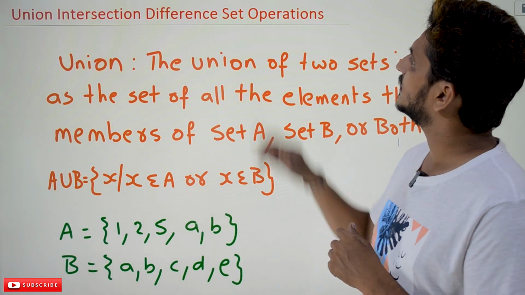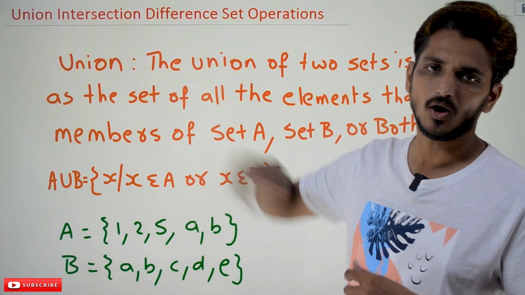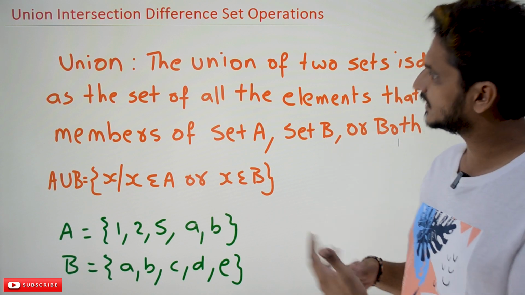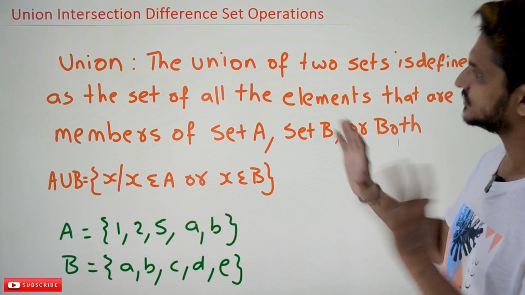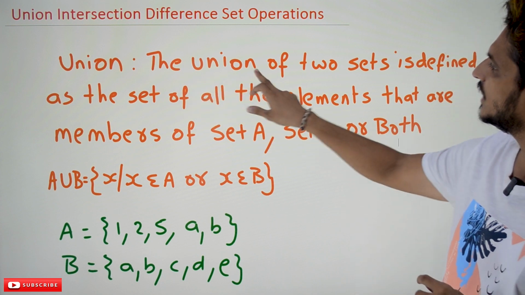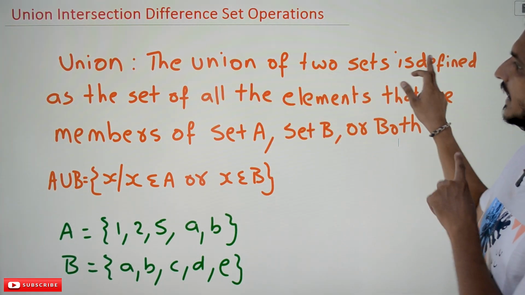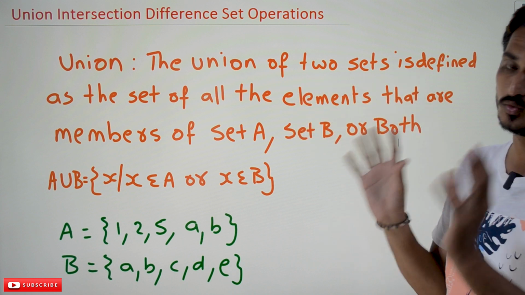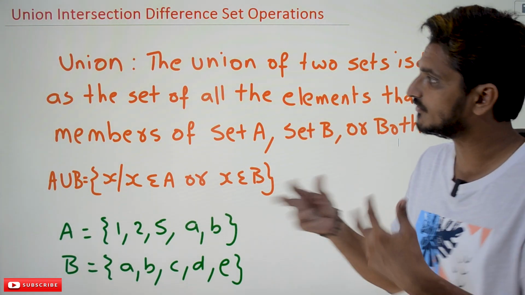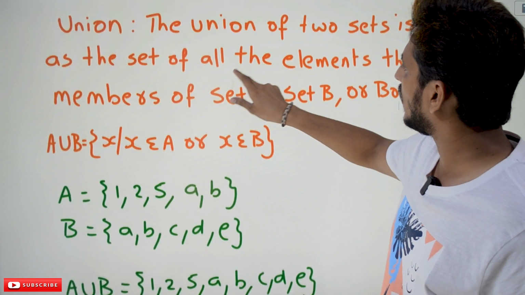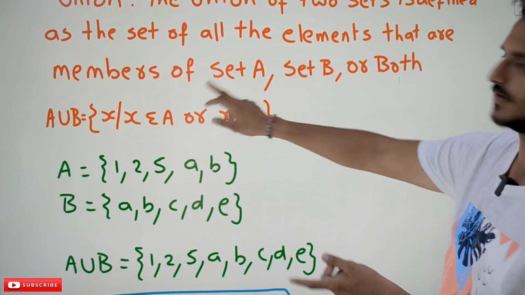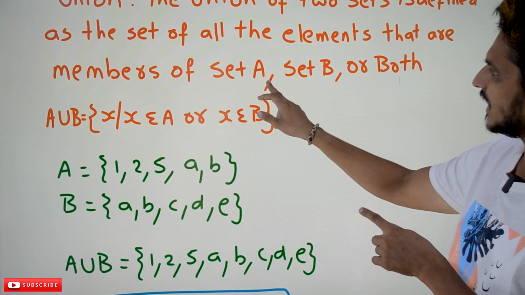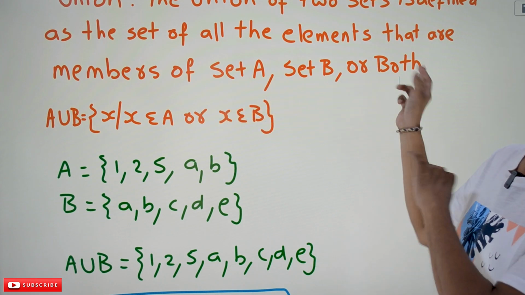the first set operation is the union operation. Let's understand it with an example, and let's understand the definition first. The union of two sets is defined as the set of all the elements that are members of set A, set B, or both.